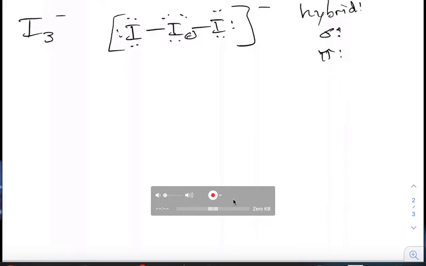So for hybridization, what we're going to take a look at is the central atom, how many things are around it? So if we're looking here, we have 2 bound atoms and 3 lone pairs. It's a total of 5 things. So that means our hybridization is going to have 5 orbitals involved in its name. For sp3 that we saw earlier, that was 4, but we don't have more than 3 p orbitals, right?